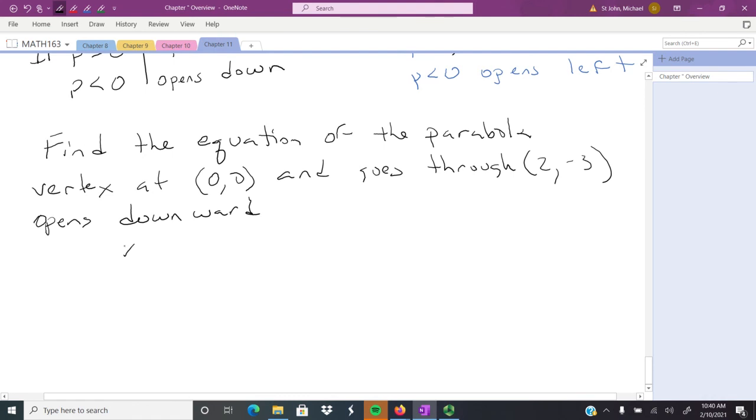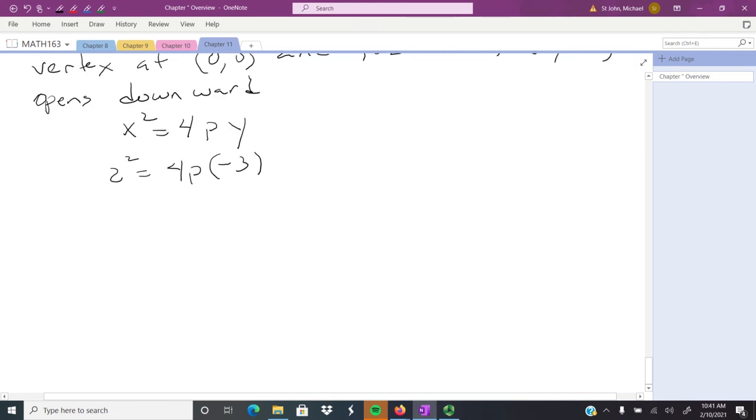So this is x squared equals 4py. We have a point, and so we have 2 squared equals 4p times minus 3. So 4 equals minus 12p. And then we divide, and so we get negative 1/3 is equal to p.